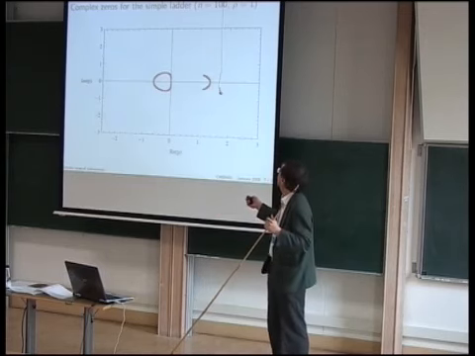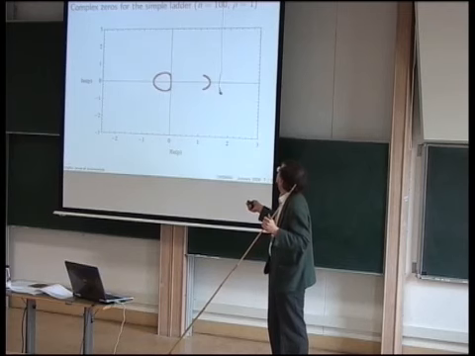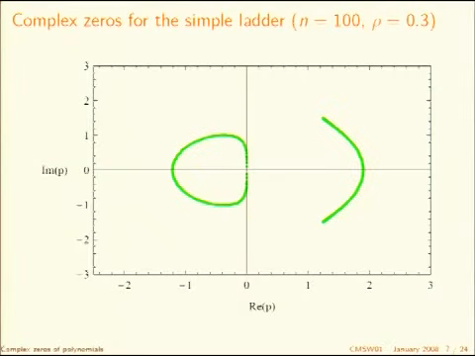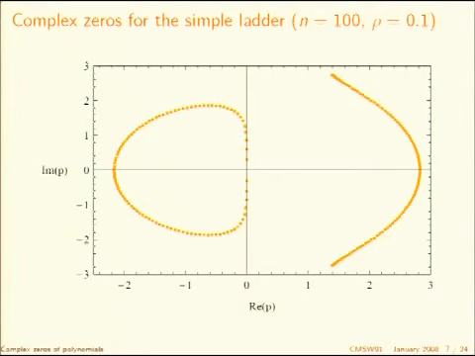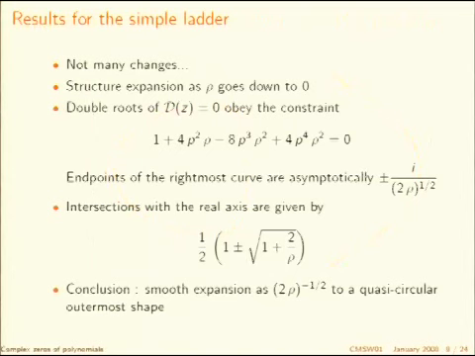So what's happening here is, from rho equal 1, and now 0.9, and as rho decreases, you see what happens. The structure of the zeros is slowly expanding as rho decreases to 0. And the results are not to be too excited about, because there are not so many changes in the global structure.